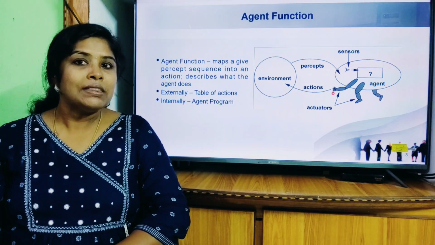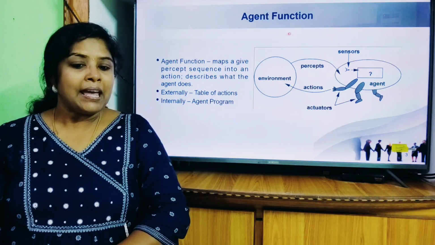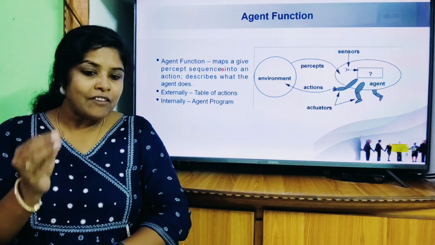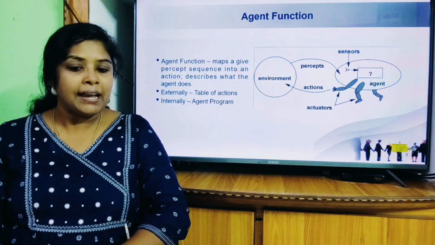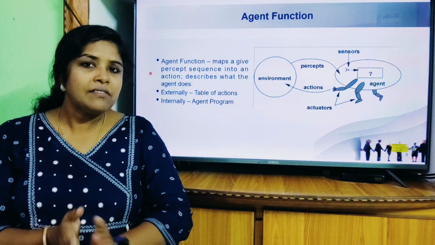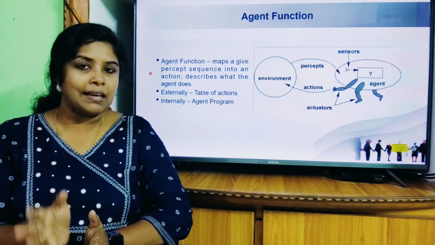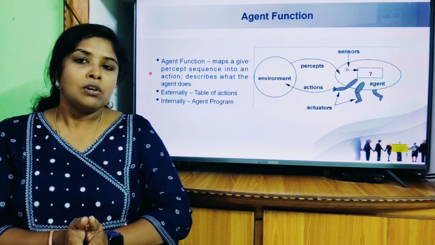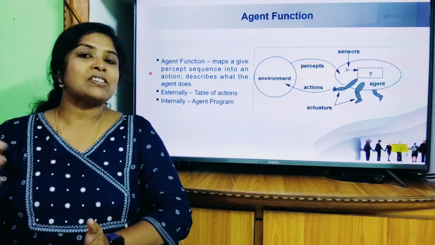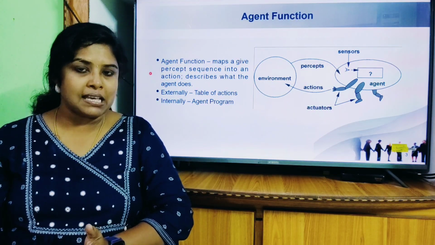So coming to the agent function. Agent function means it is going to map a given percept sequence into an action. There will be many observations made by the agent from the environment. Based on the observations in sequence, the actions also need to take place in sequence.